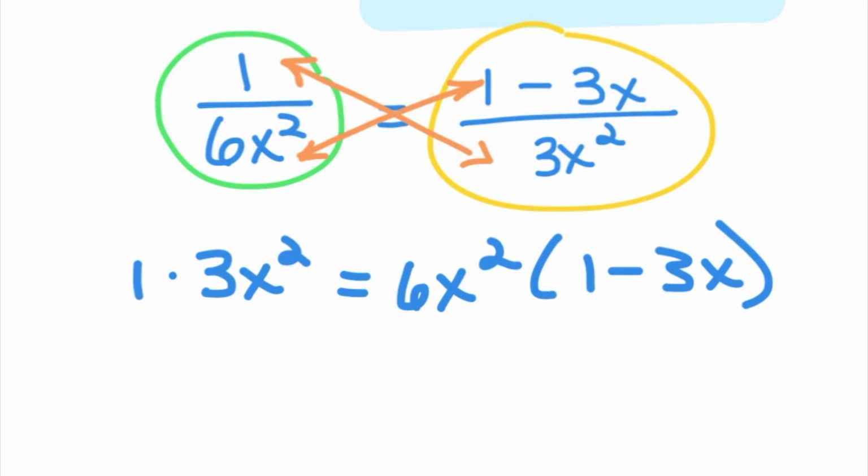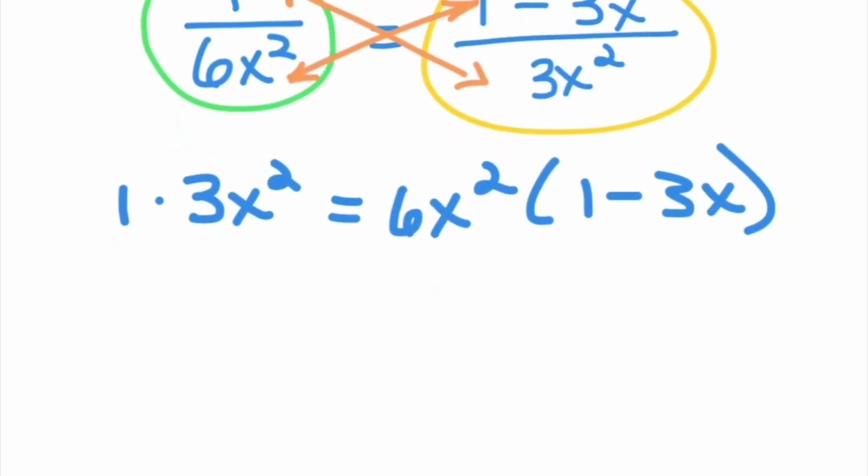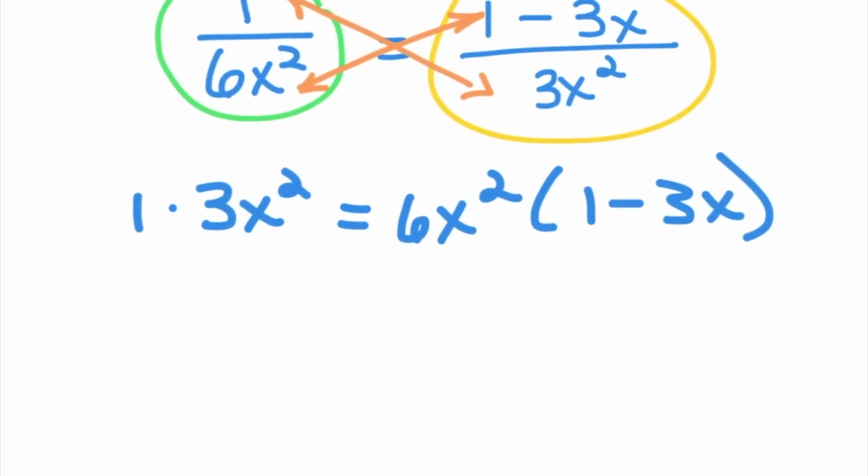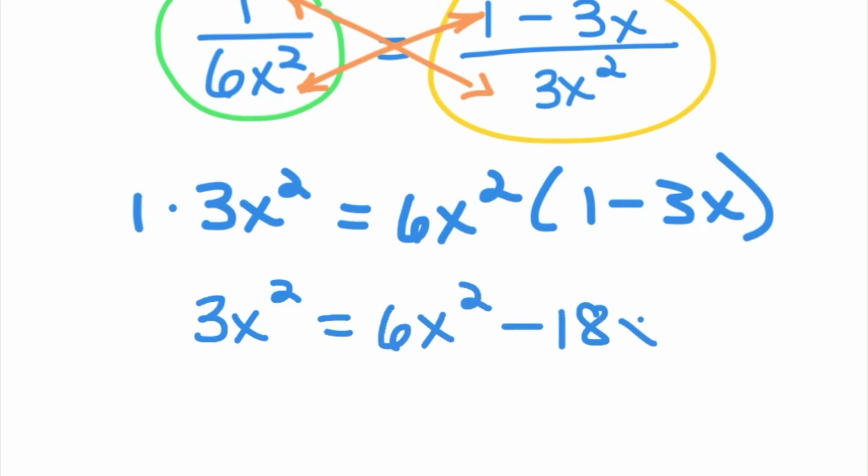Now you have an equation that doesn't have any denominators, and you're just going to simplify each side and solve this the way you would solve any quadratic. So 1 times anything is itself, and distribute the 6x squared, and now you have 18x to the third. I am going to subtract 3x squared from both sides so that this side is 0.